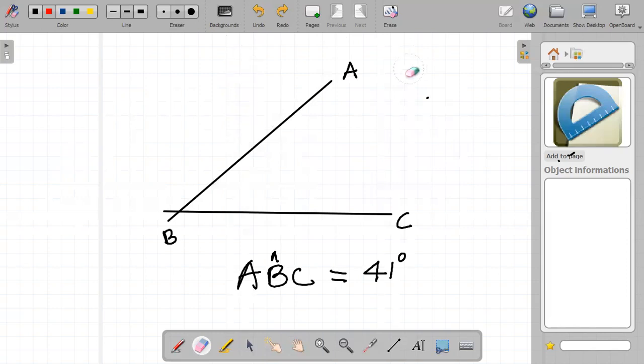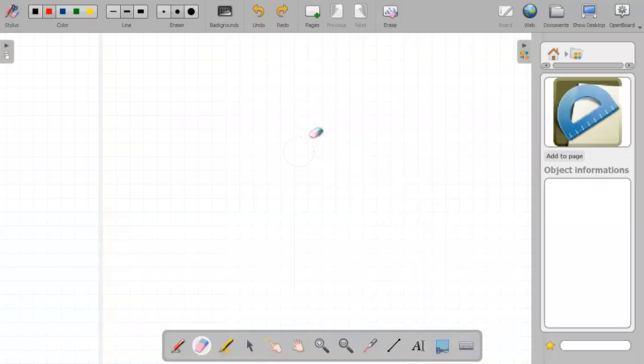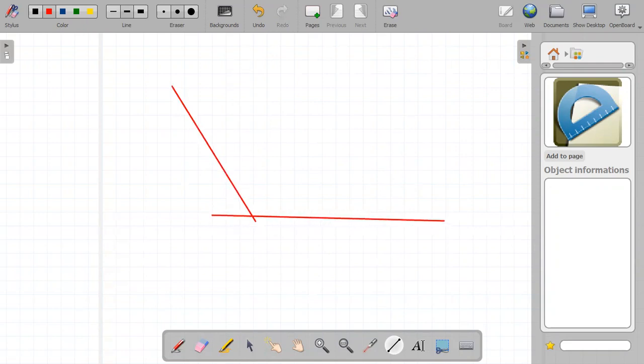What's the value of this obtuse angle? 130. Okay, let's see. I will draw an obtuse angle like this.